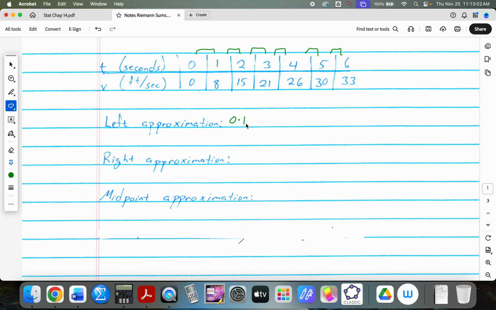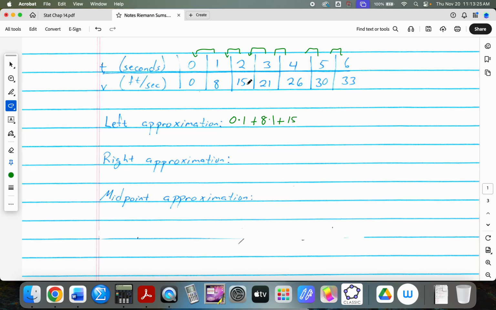So it would be 0 times 1. Plus, the next interval, we're going to use the left-hand velocity, 8, for that 1 second. And we'll do that for each interval.